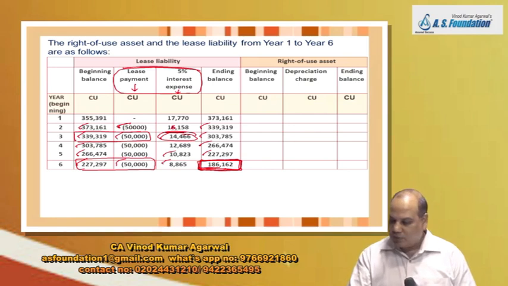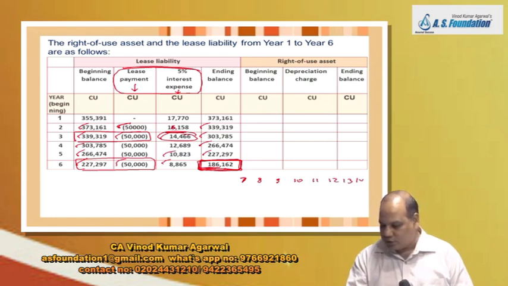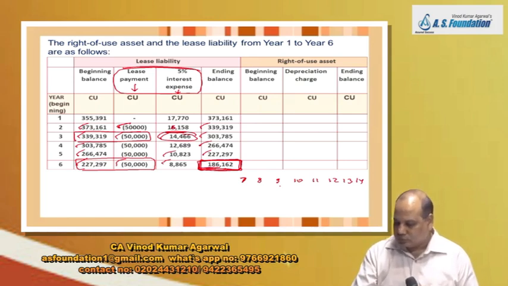So 9 more payments means the next payment will be immediately at the beginning of year 7. 8, 9, 10, 11, 12, 13, 14. Yes. How many payments have we made? 6 and 9 more. Why is it less? 15.